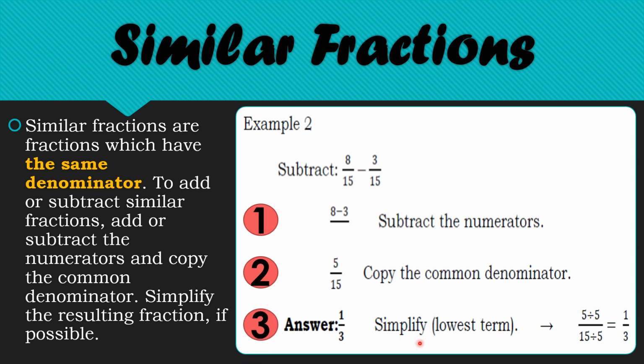Simplify your answer by dividing the numerator and the denominator by the greatest common factor. The GCF of 5 and 15 is 5. 5 divided by 5 is equal to 1. 15 divided by 5 is equal to 3. Therefore, the difference of 8 over 15 and 3 over 15 is 1/3.